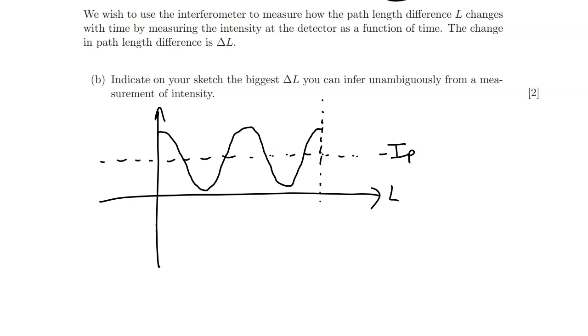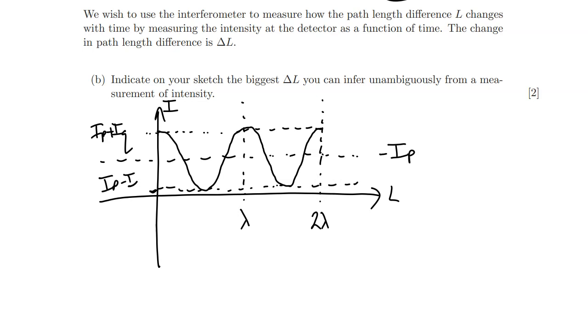So this is L, this is I, this is 2 lambda, this is 1 lambda, and as we discussed before, this is IP plus IQ, and this is IP minus IQ.